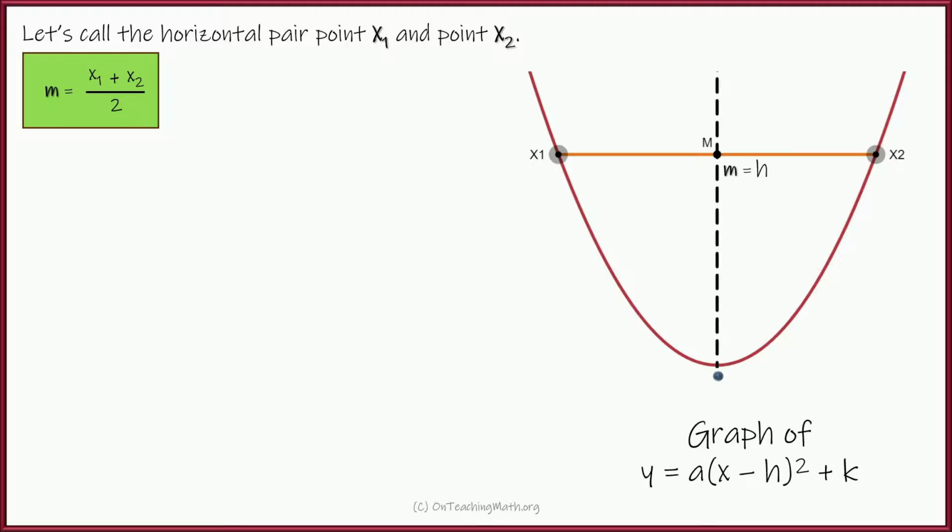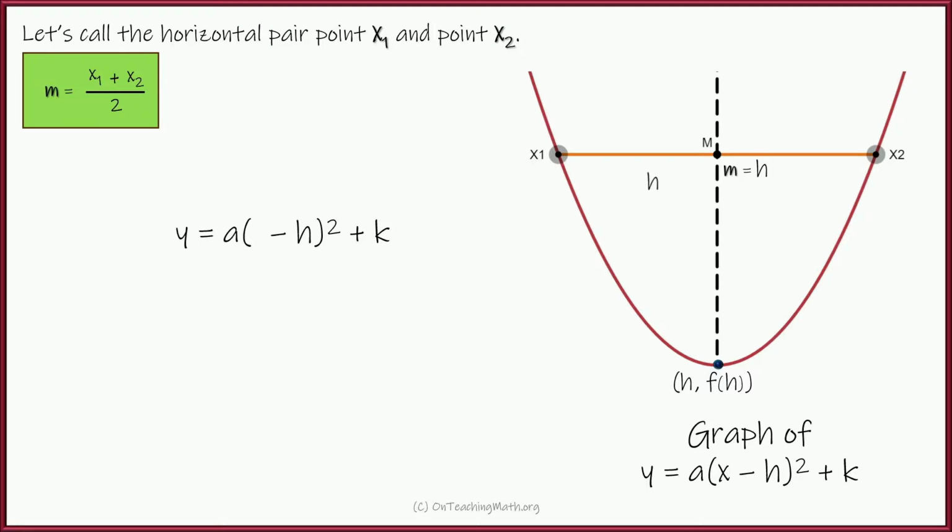Now, we need to find the coordinate of the vertex. So x comma y, and of course y is a function of x, so we write f of x. So we figure out this number and plug it in, right? Well, we know that that number for x is just h, so all we've got to do is plug in h to our function. So let's go ahead and do that. We have y equals a times (x minus h) squared plus k.